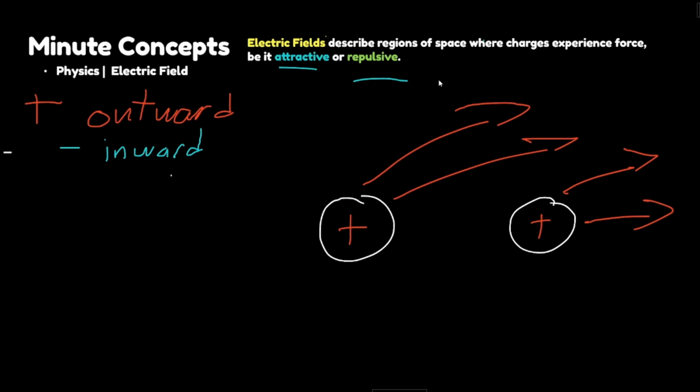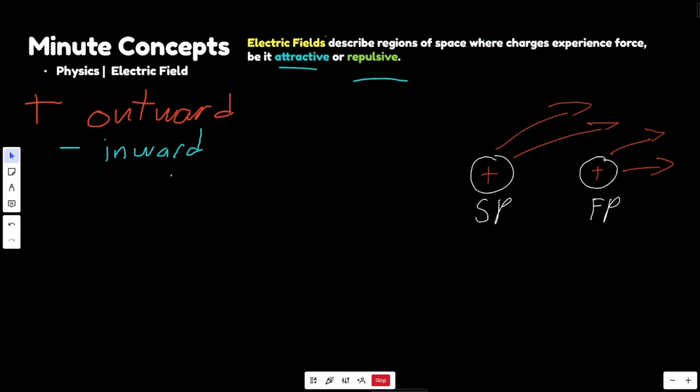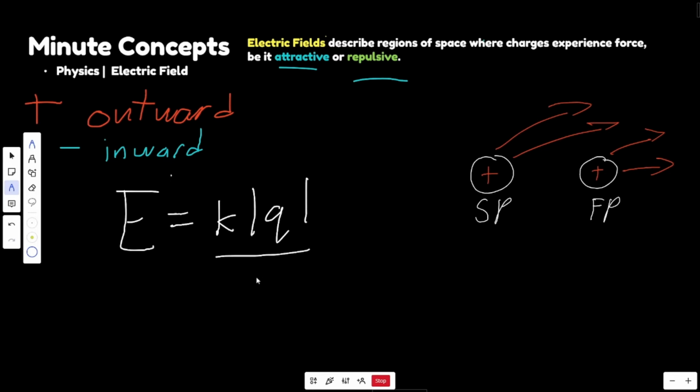So we have to derive our formula. Luckily, we ourselves don't have to because there already exists one. The formula for electric field is given by E is equal to K Q over R squared.